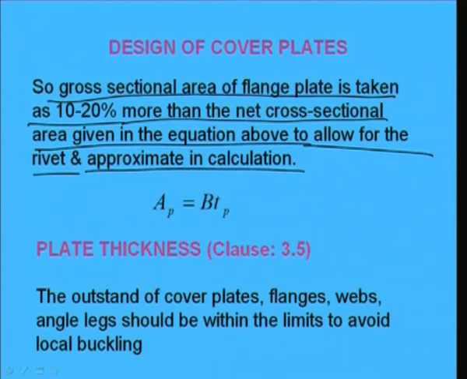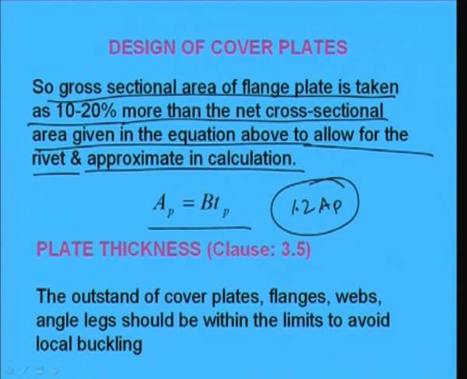So, we need to increase the gross area by some percentage, so that the net area becomes more or less equal to A_P, so that it can withstand that much load. So, as you know, A_P is equal to B into T_P. So, say 1.2 into A_P we will find out finally.